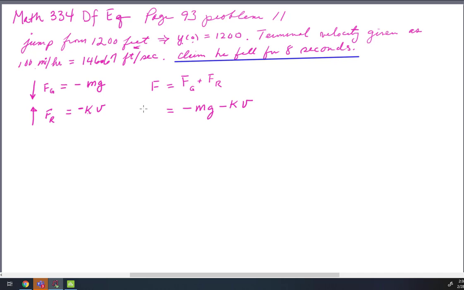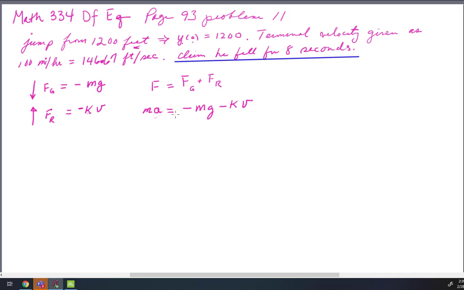Now we know that force, from Newton's laws of motion, would be ma, so this would be m, we'll call that ma. But this is the acceleration, which is the derivative of the velocity. Acceleration is the derivative of the velocity.